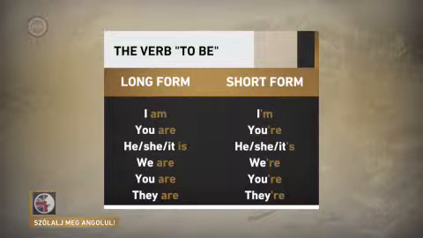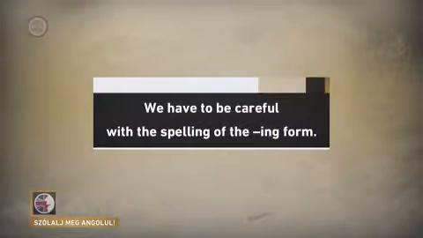Correct, we have to be a little bit careful with the spelling of the ing form. Now, we know about English spelling changes for nouns in the plural. And we know about changing the spelling for the third person singular in the present simple.